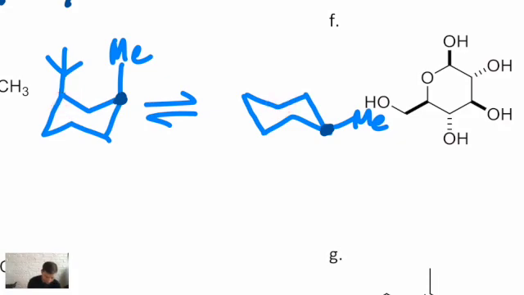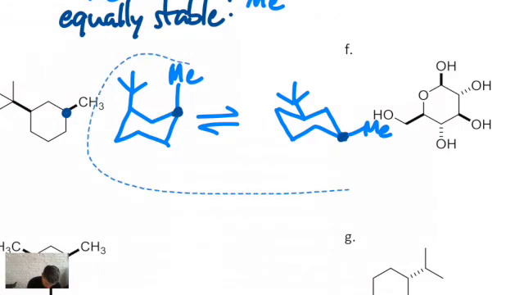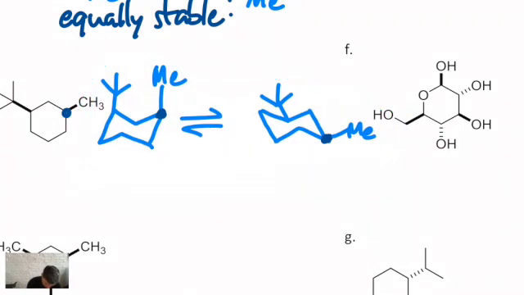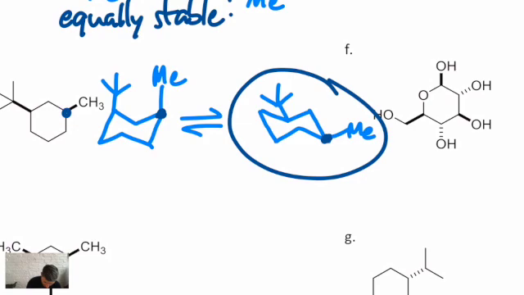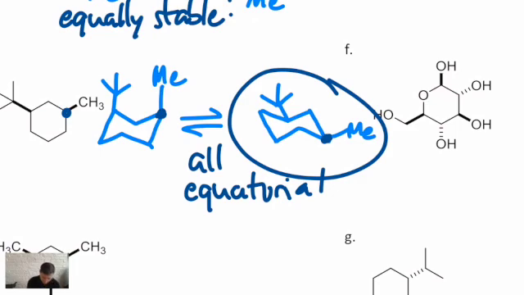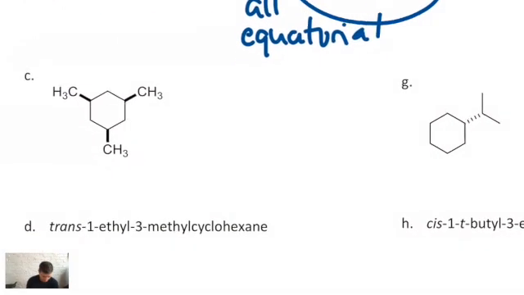My up axial tert-butyl is now up and equatorial. Just make some more space. So which one of these is preferred? The one where they're all equatorial. And there's a good example of a tert-butyl group. That's pretty much the largest group we've seen so far. That's going to want to be equatorial no matter what the cost of anything else.